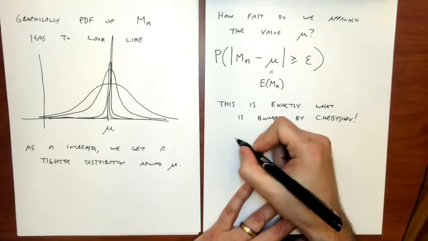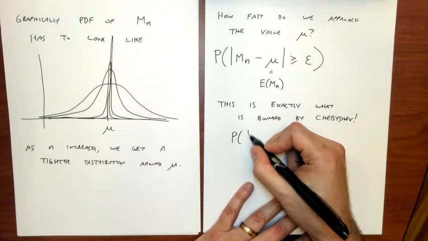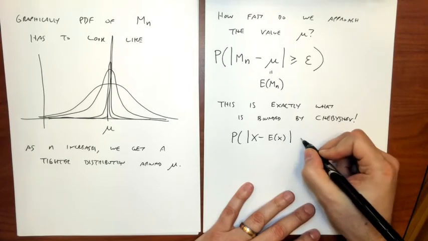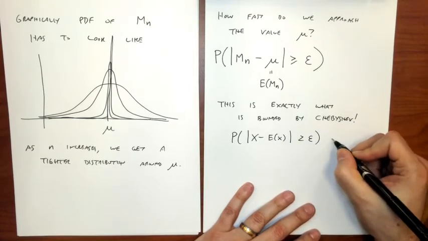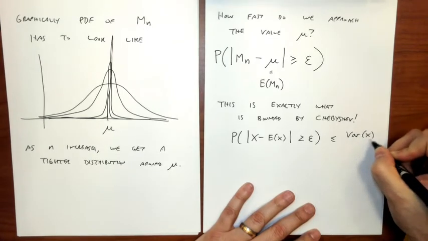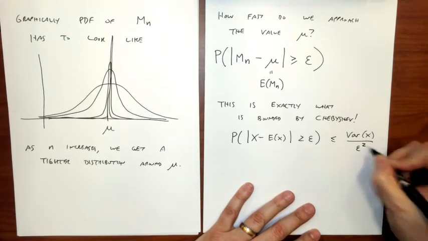The statement of Chebyshev was something like this: the probability that x minus the expected value of x is greater than some value was bounded by the variance of x over this value squared, okay?